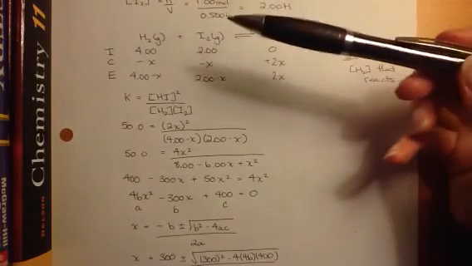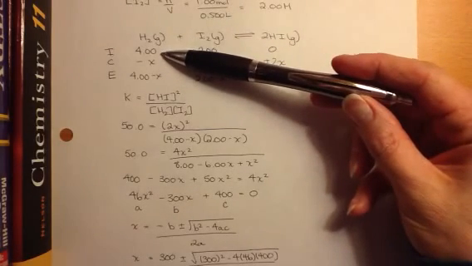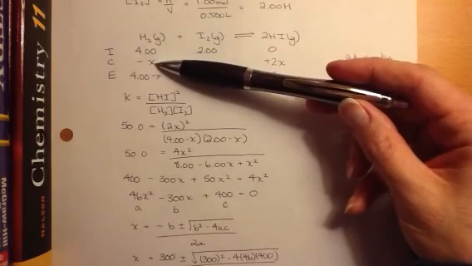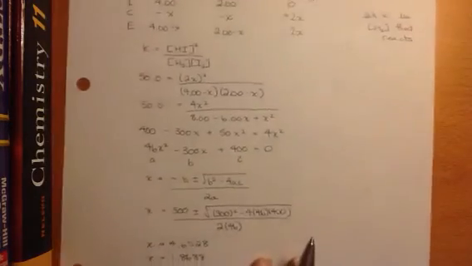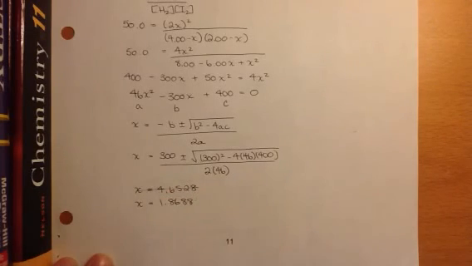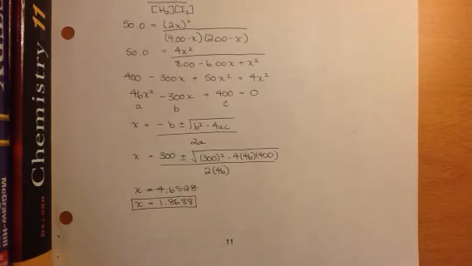We can eliminate the larger number, the 4.6, because that is larger than the initial amount of hydrogen that we had. So we can't react more than we had. So as a result, we can eliminate this value. And this is the x value that makes sense. And in all of our questions, you will have one that you can eliminate.